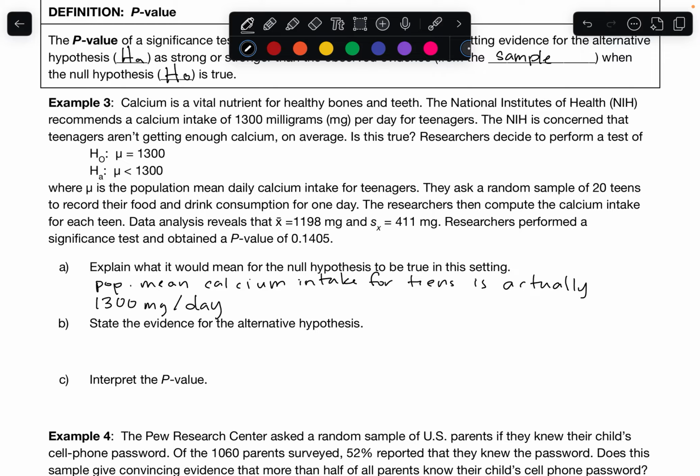Our evidence for the alternative comes from the sample. So looking in the word problem towards the end, I see an x bar value. x bar is our sample mean.